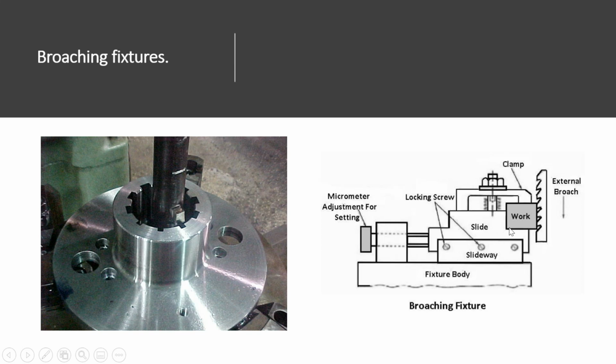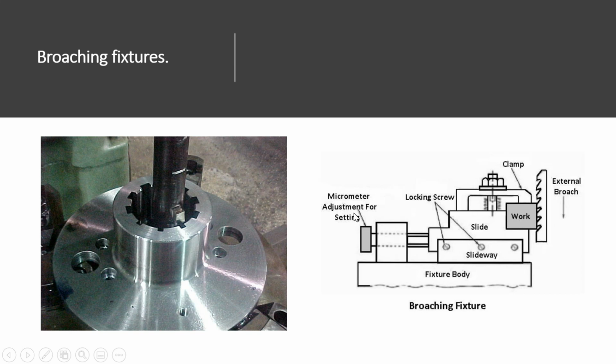This is required because in a single operation sometimes broaching can be carried out, but in some cases broaching needs to be performed in a number of stages. So we need to advance the workpiece towards the broach. We have to advance this workpiece to the right side, towards the broach.